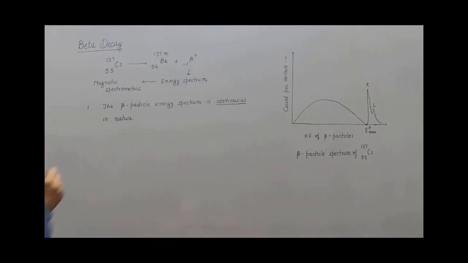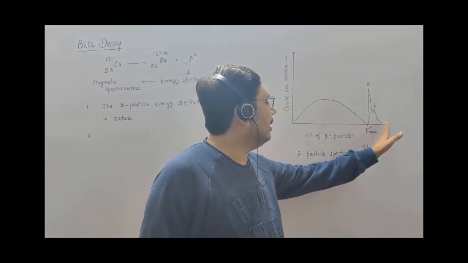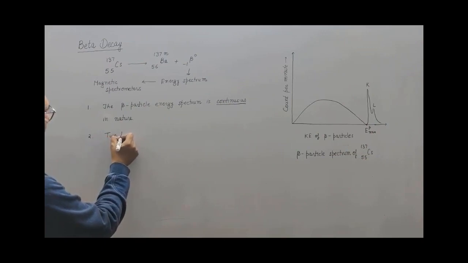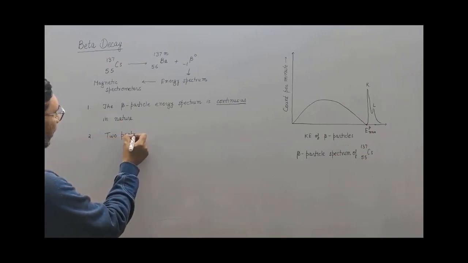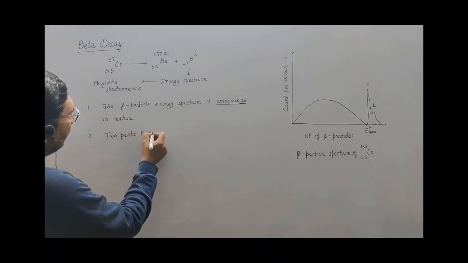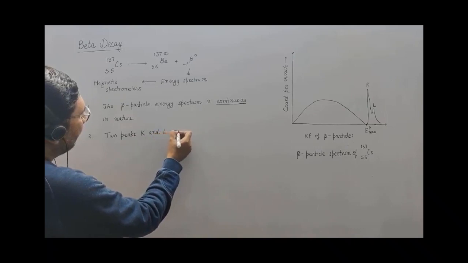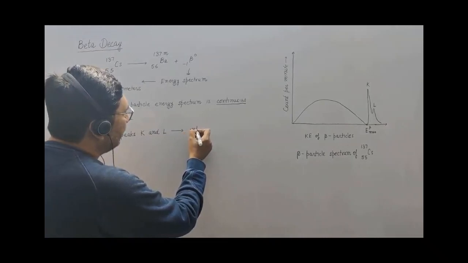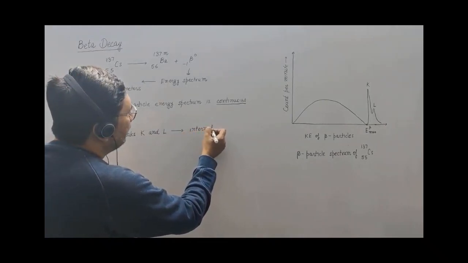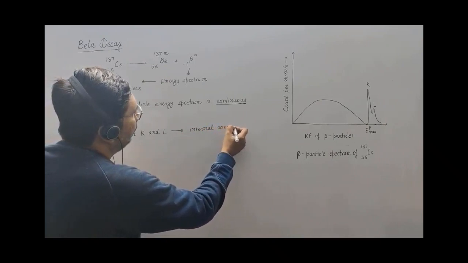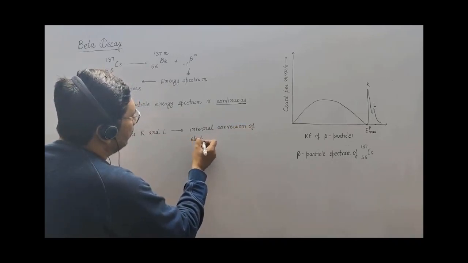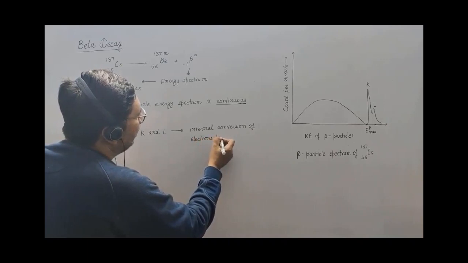Number two, on the high energy side, we have obtained two peaks, K and L. These two peaks are obtained corresponding to internal conversion electrons by gamma rays.